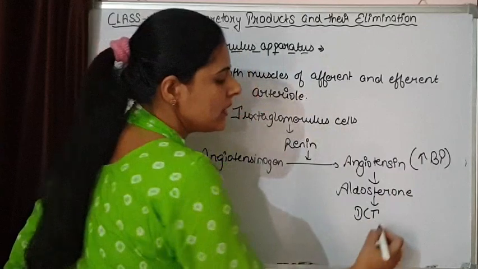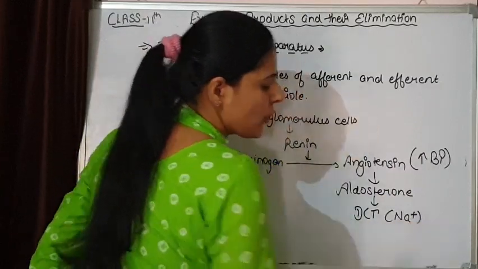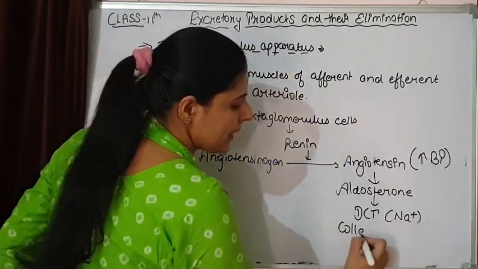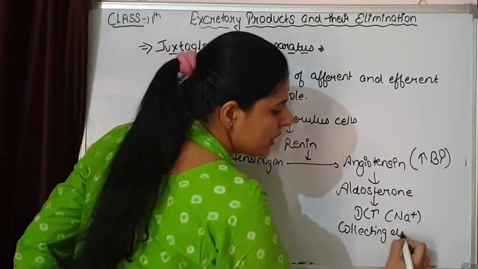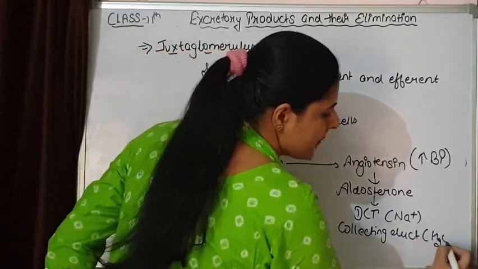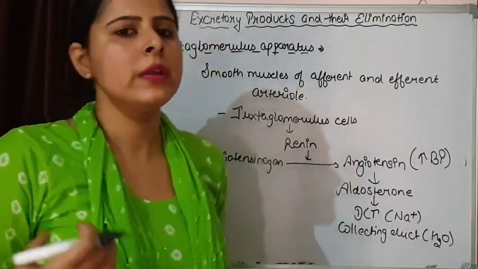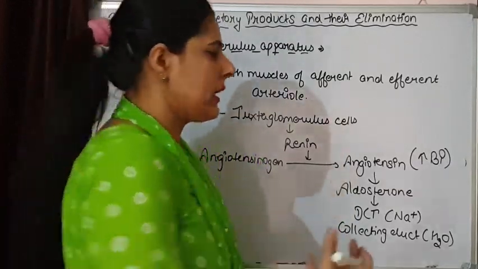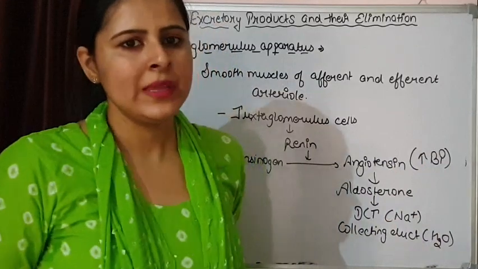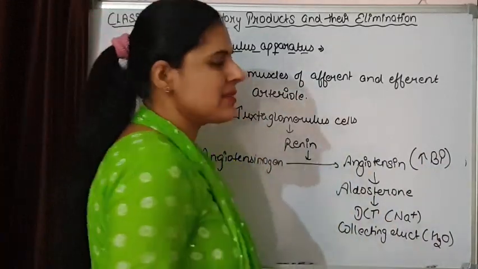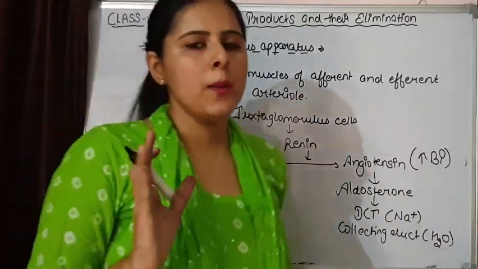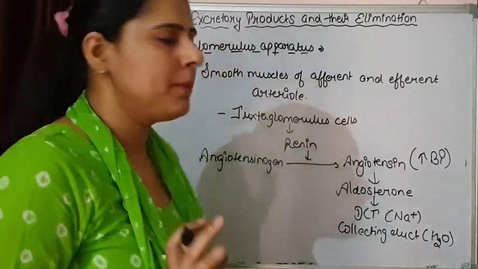It is activating the DCT to absorb sodium ions and the collecting duct to absorb water. That means conservation of water, more water will be absorbed. If more water is absorbed, again the blood pressure is going to increase. So all this structure is going to maintain the body fluids in our blood.